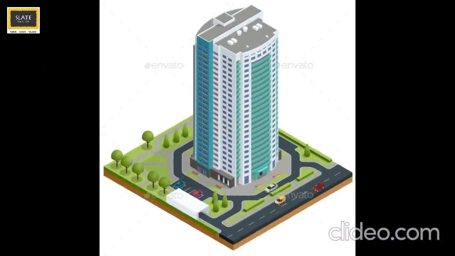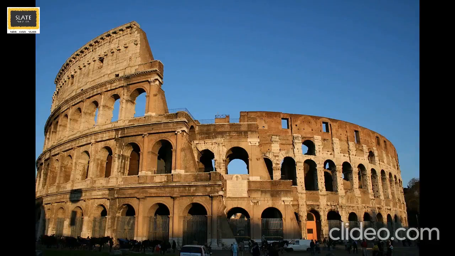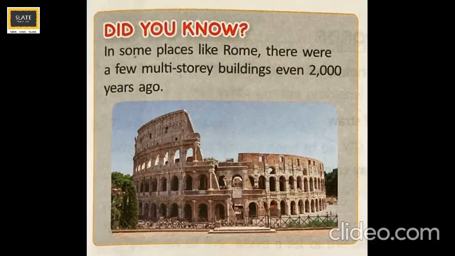In our country, most of the cities now have these types of buildings. But in some places like Rome, these types of buildings were present 2000 years ago. The Colosseum structure in Rome, which is also shown in your textbook, is a 2000 years old building.